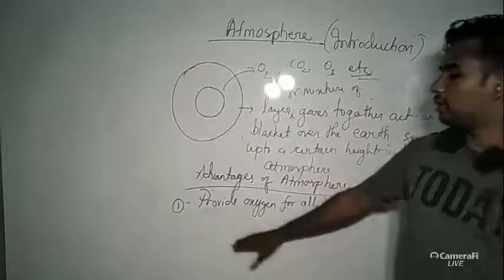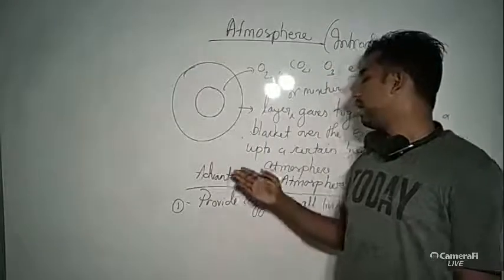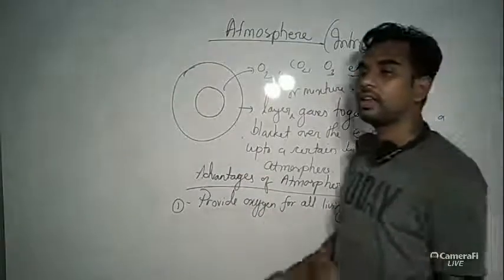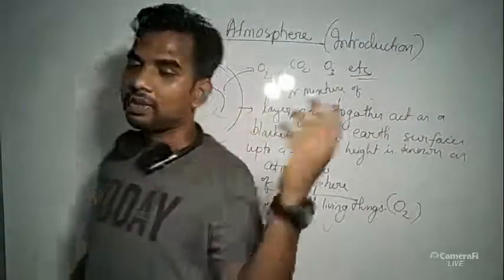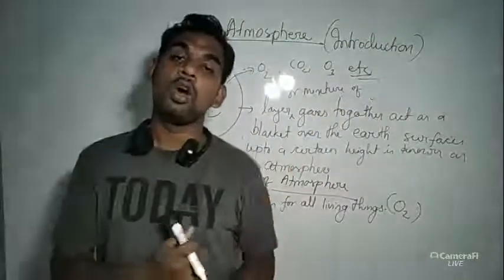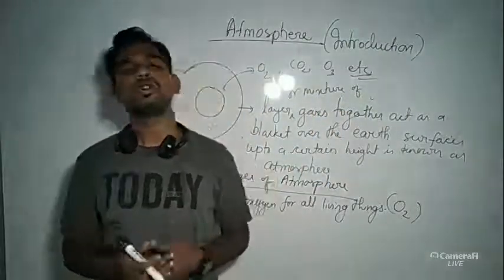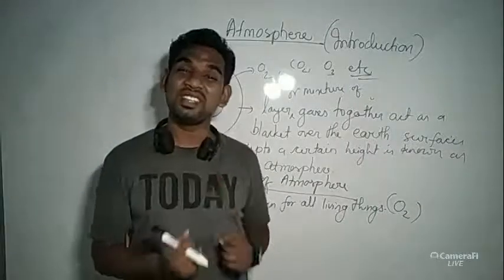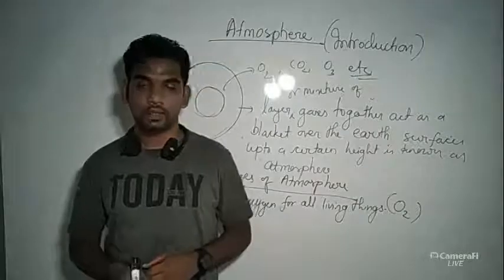So the first point we will make as the priority is that it provides oxygen for all living things. In your book it is given that it provides oxygen to plants, animals, etc. Living things include all of those. When we need oxygen, who actually requires it? Each and every cell of the body requires oxygen.